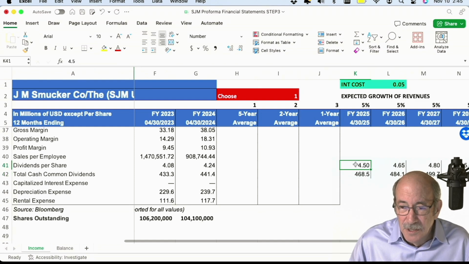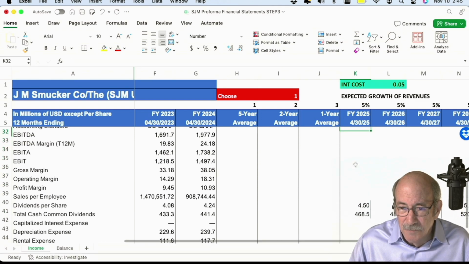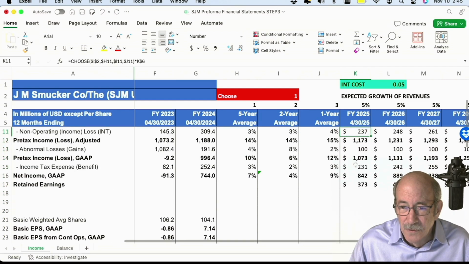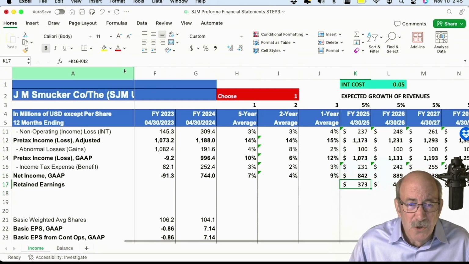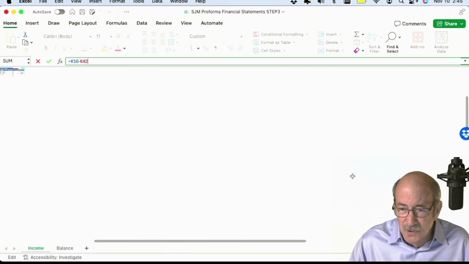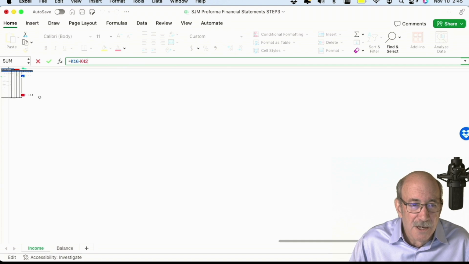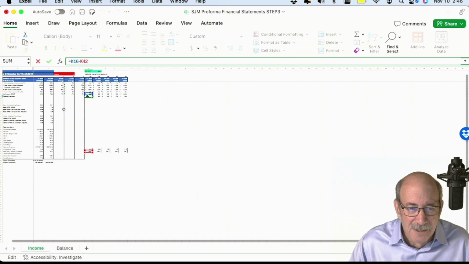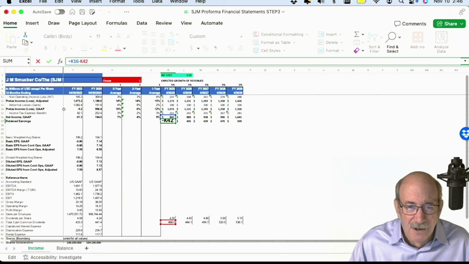Right now, I'm going to go up here. And what I'm doing here is taking the net income, the 842 in this case. Went a little bit too far on that. Come on back. All right.